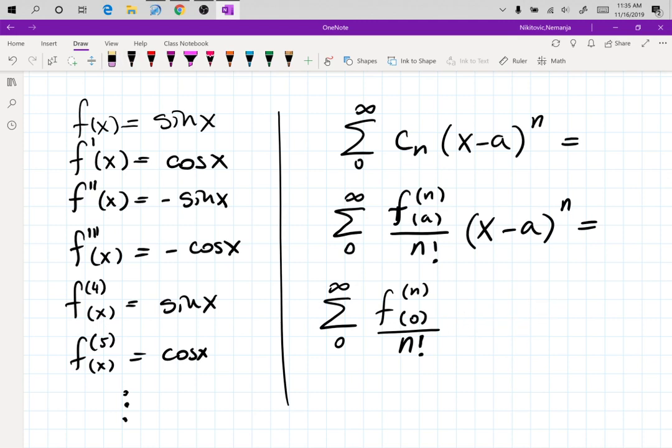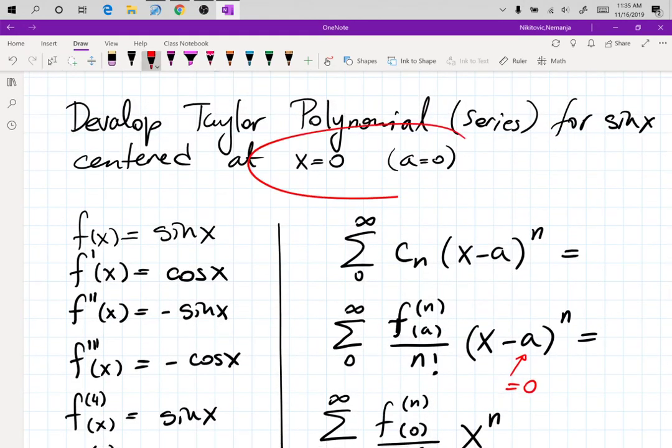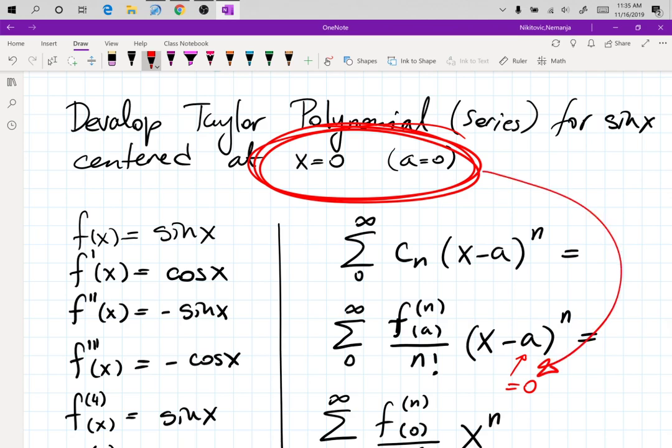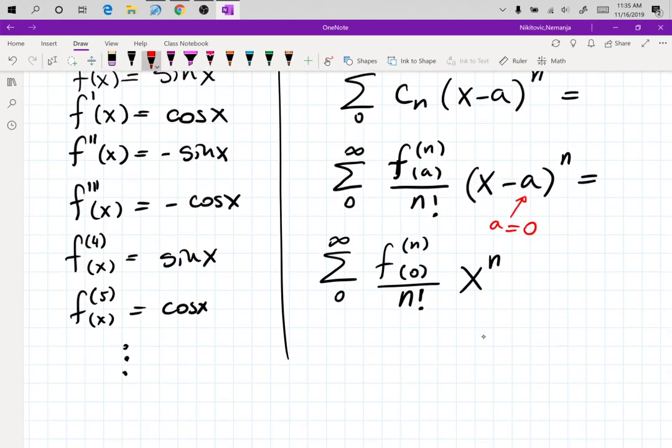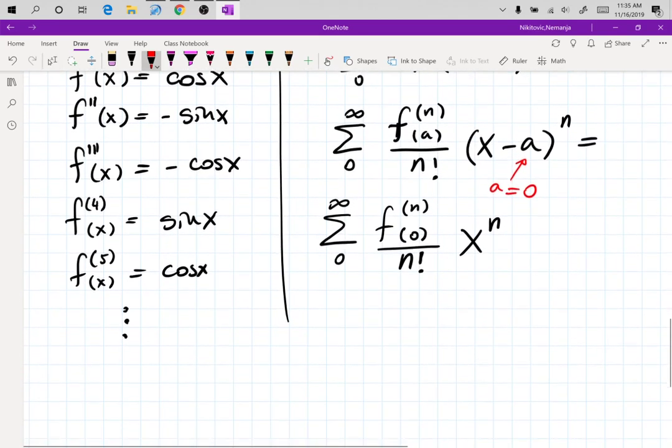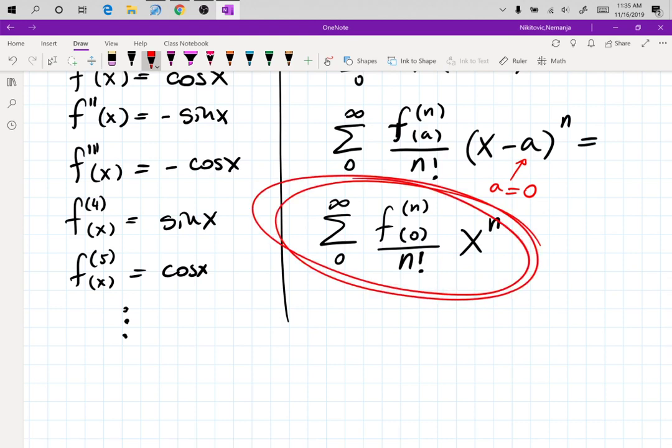I can just say x to the n. I don't need to write 0. It's just x to the n, because a is 0. For this problem, it could be 3, it could be 7, right? In this case, I clearly stated I want it centered at 0, so that's why a is 0. All right, cool. This is my formula that I'm going to plug the stuff into.